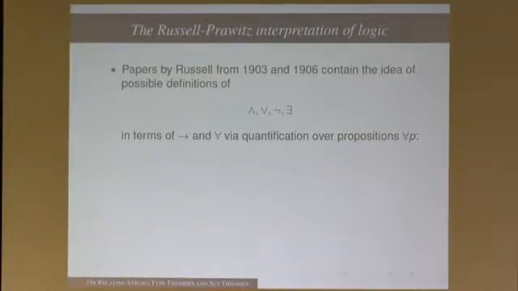It's already a long time ago that Russell wrote a paper, in 1903 and 1906, so predating type theory, where he talked about defining certain logical operations in terms of other operations, namely that you can define and, or, negation and existential quantifier in terms of just the implication and universal quantification.